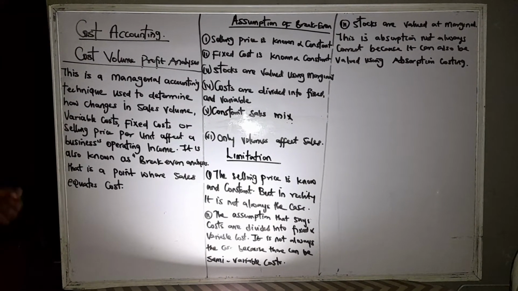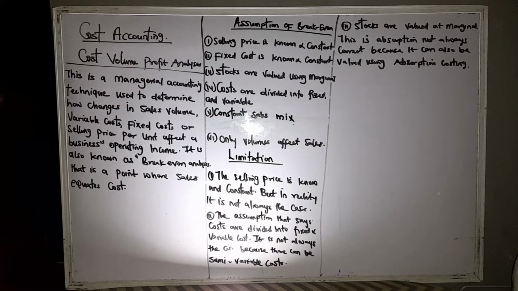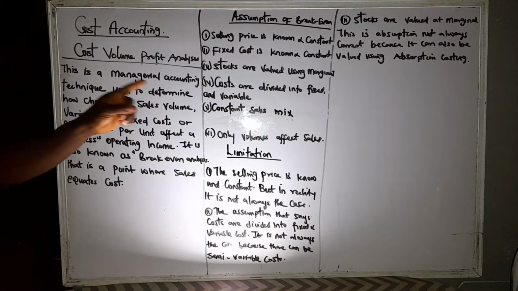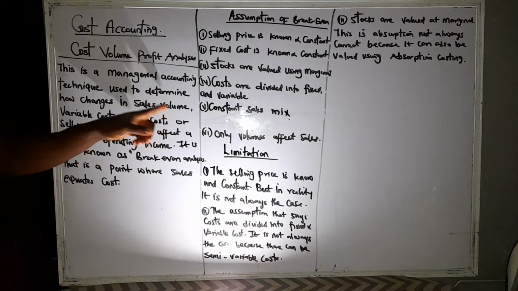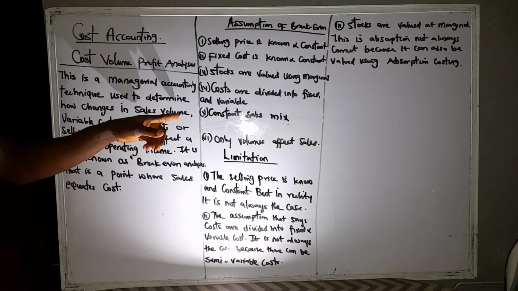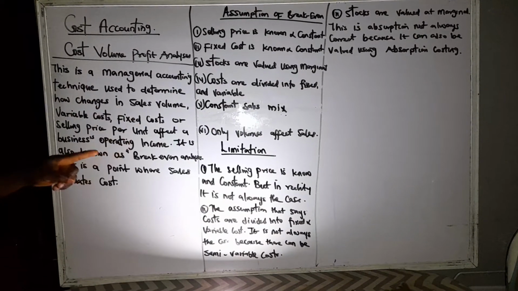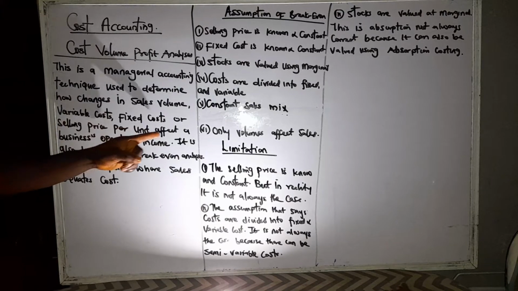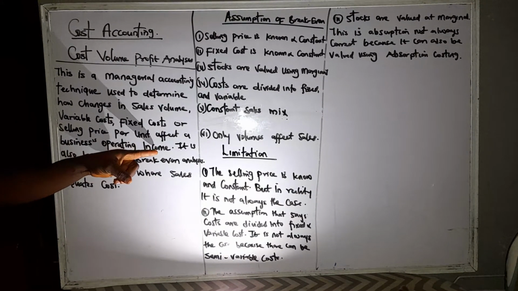What is cost volume profit analysis, which is CVP? It is a managerial accounting technique used to determine how changes in sales volume, this volume is quantity or unit, variable cost, fixed cost, or selling price per unit affect a business operating income.